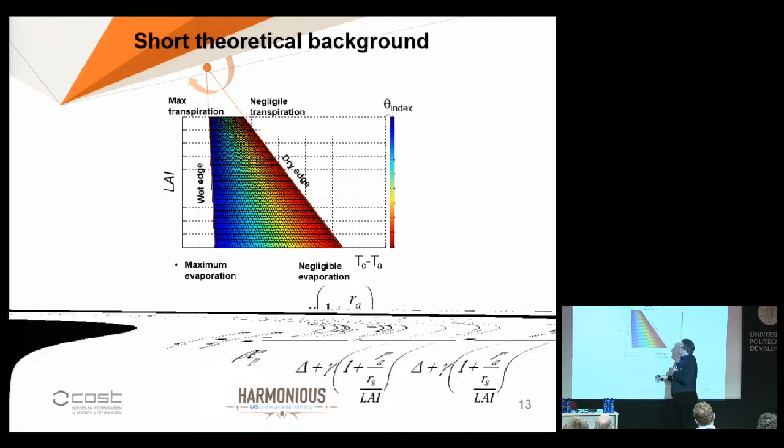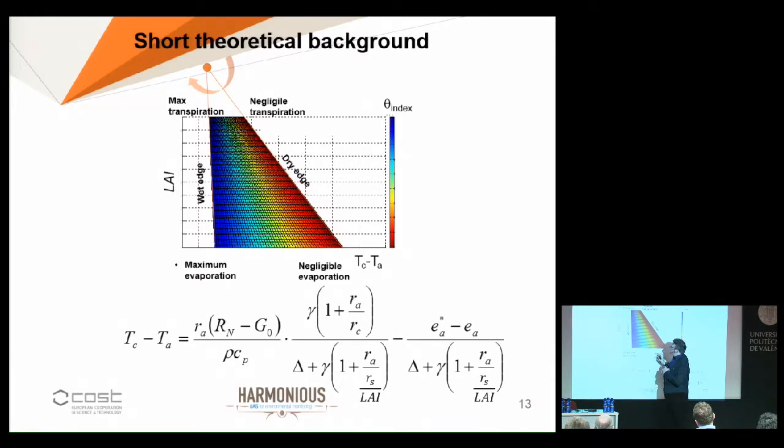So the idea is to put in a scatter plot air temperature minus canopy temperature and leaf area index, and then you find the position of each pixel and you retrieve in some way the soil water content.